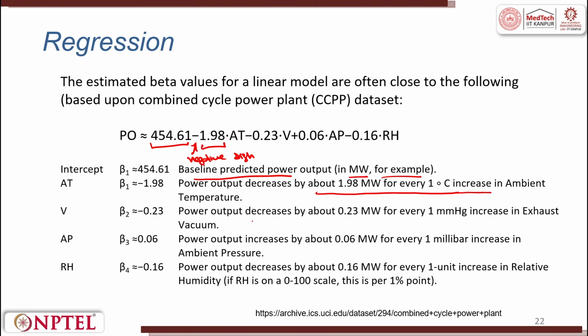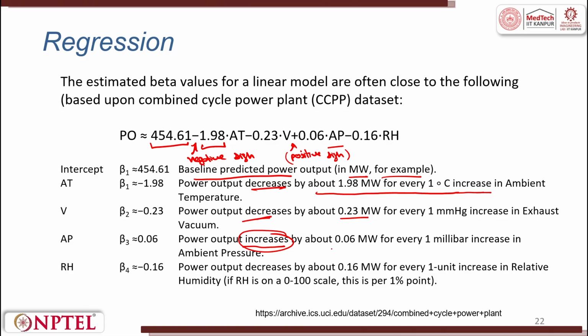Power output decreases by 0.23 megawatt for every 1 millimeter of mercury increase in exhaust vacuum. You see the word decreases is there whenever the negative sign is there, and for the ambient pressure the word increases is there because this is the positive sign. Which means it increases.